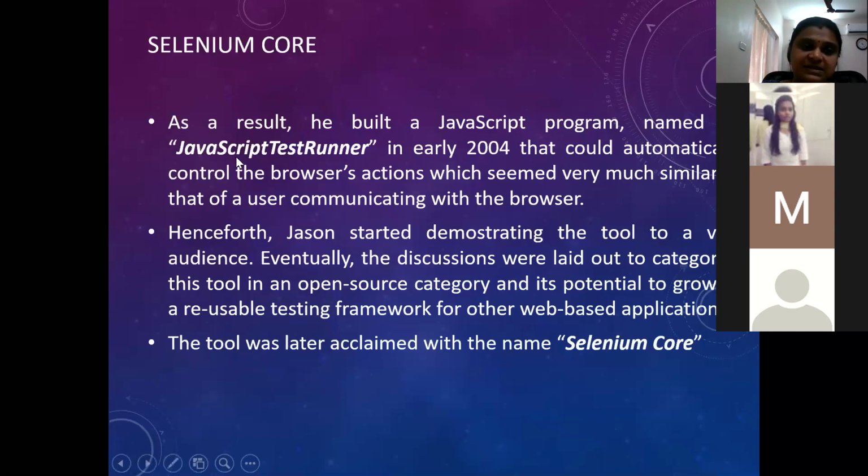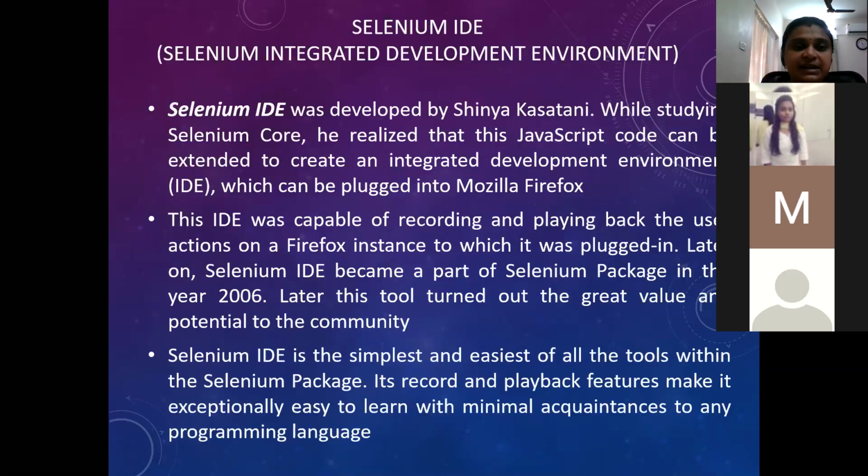That was called the test runner. Eventually, they found there was a necessity to have a test framework which can be reused for any type of web-based application, not just one application but against different web browsers, which would be really good. That was thought about, and that's how Selenium Core came into existence.